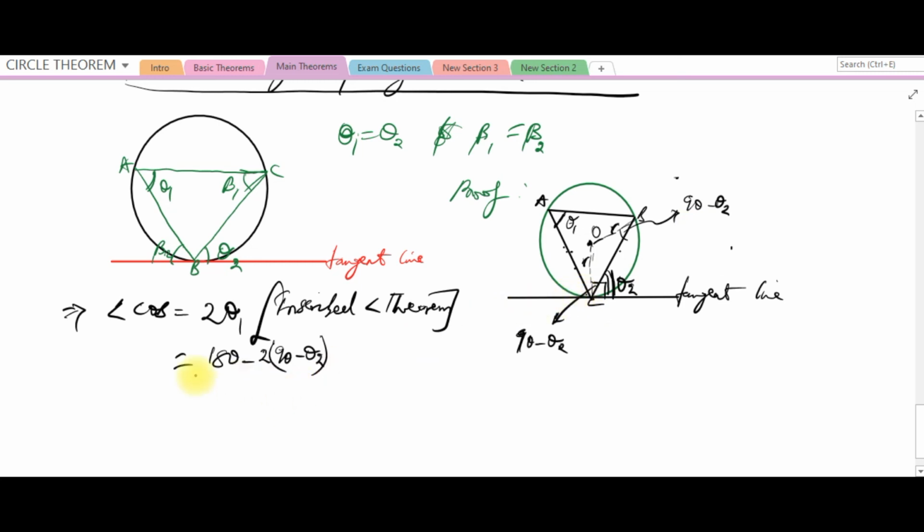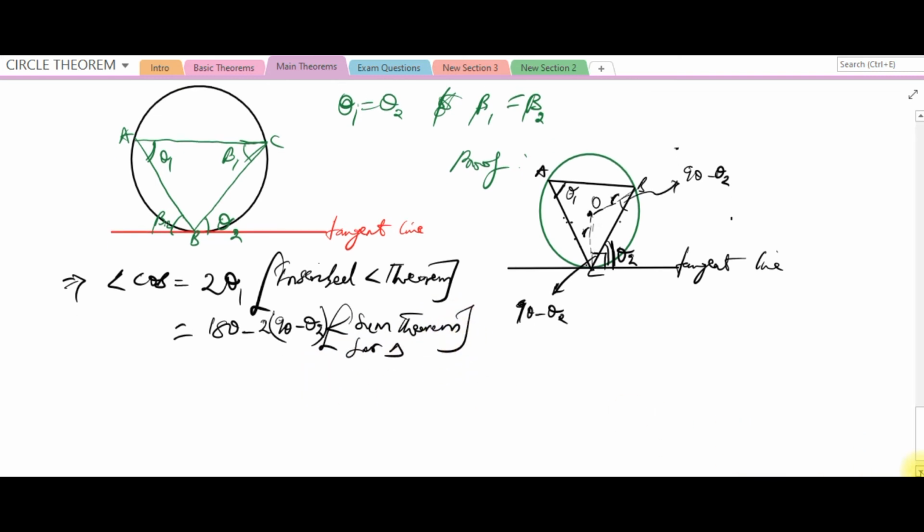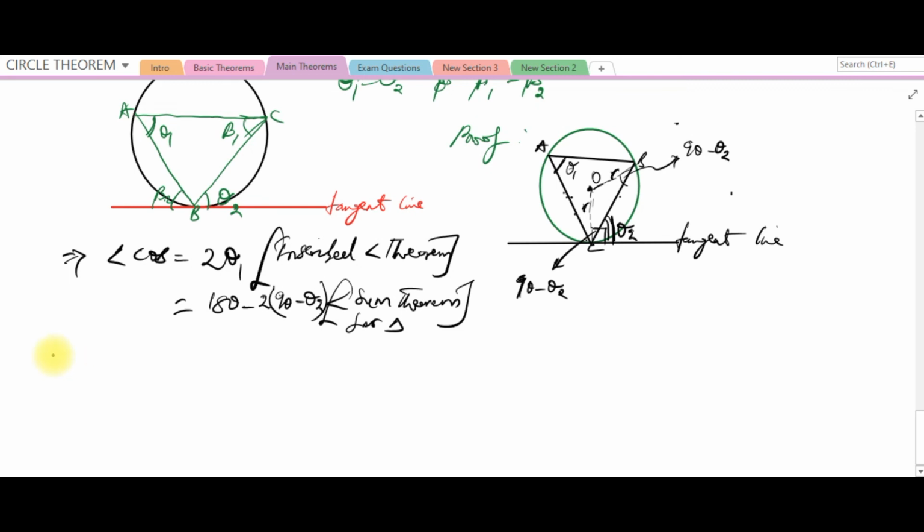This is based on the angle sum theorem for a triangle. So those are the two values.